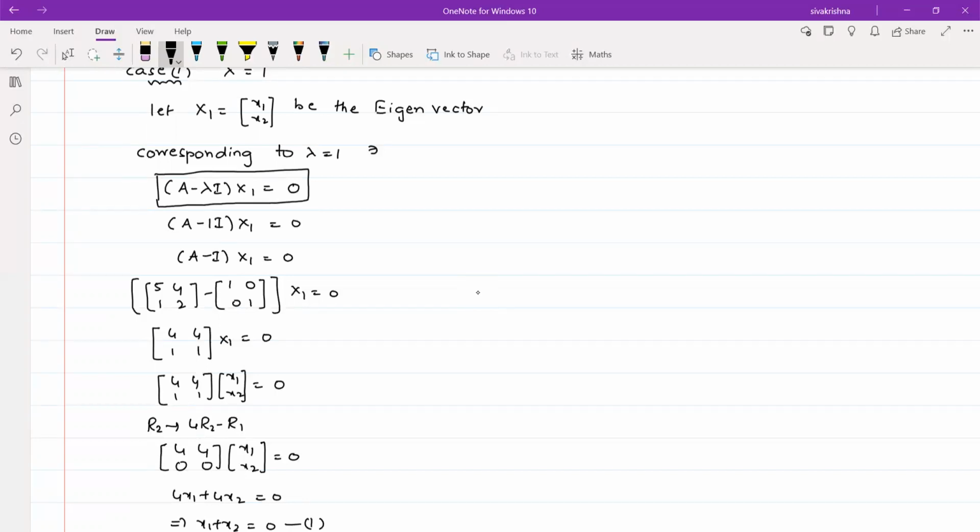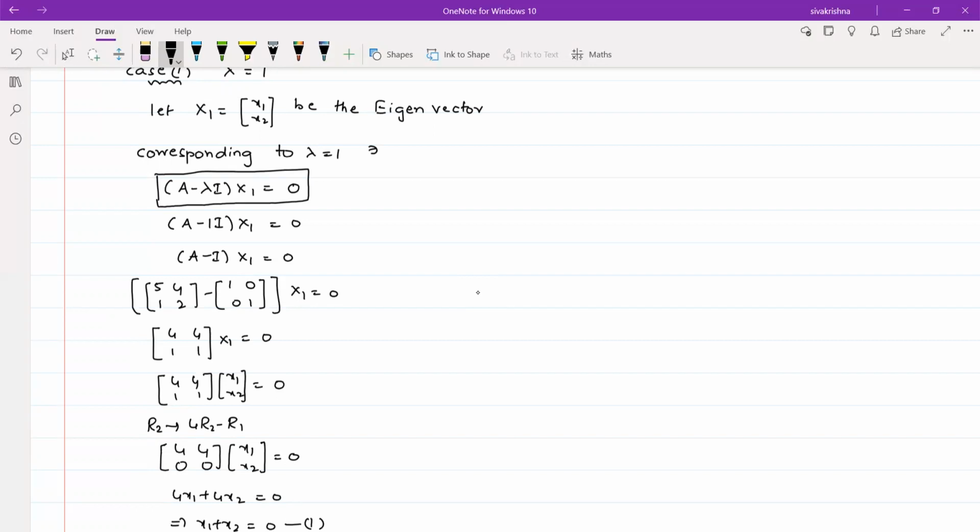After writing that equation, we have to substitute the values. In place of lambda, I have substituted 1, and after substituting 1, we get A minus I. You have to subtract I from A, so that we get 4, 4, 1, 1. After getting that matrix, once again, we have to convert that into echelon form.